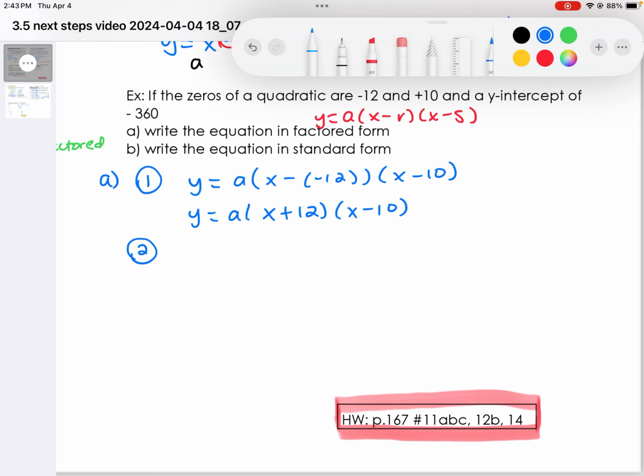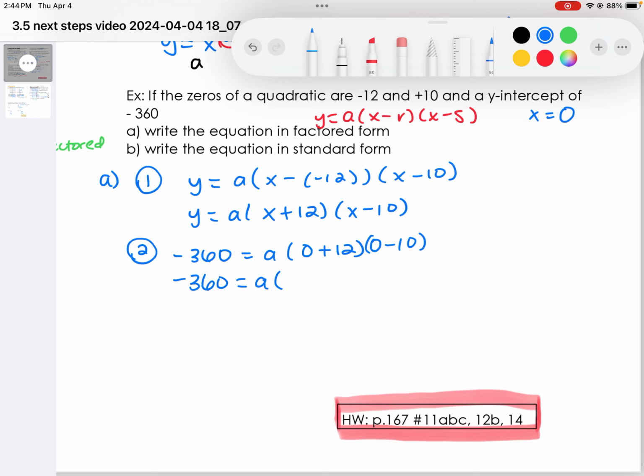So, I'm going to use the y-intercept of negative 360. What? That's okay. X is going to be 0. I chose a wacky y-intercept just to show you that it's no big deal. If we have big numbers, maybe you don't want to do mental math.